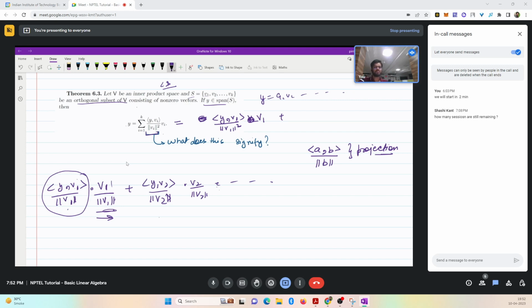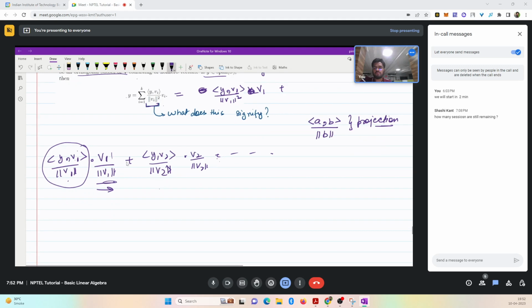If you want to prove this, the proof is also very easy. There is almost nothing in the proof. Let's say y is a1 v1 plus a2 v2 and so on, up to an vn. Now you take the inner product with v1 on both sides. What we obtain is <y, v1> equals a1 <v1, v1> plus a2 <v2, v1> and so on.